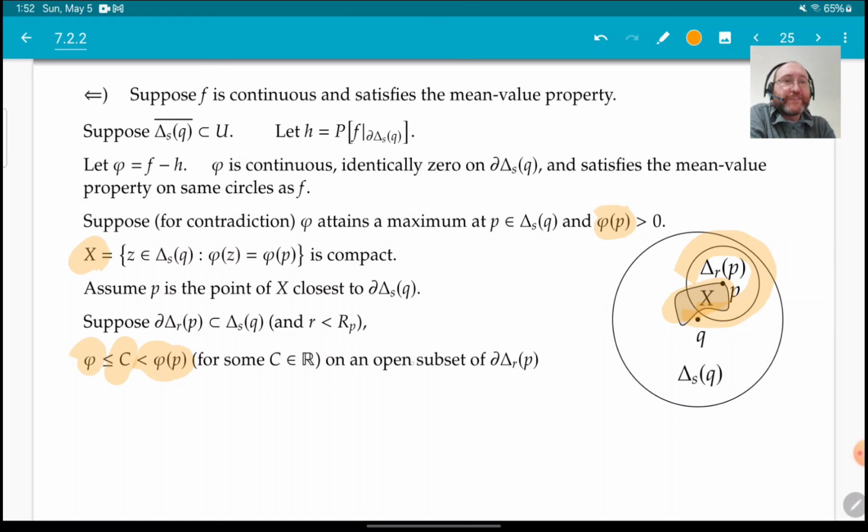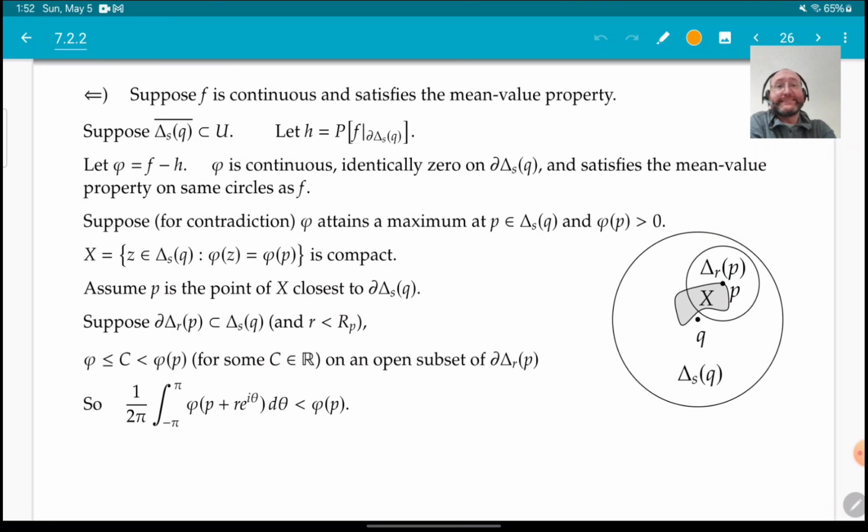So for some open subset, that open subset has positive measure, right? So some open subset of the boundary. So just a little piece of arc, right? That's what I mean here. Not open subset in the plane, but open subset of this circle, right? So actually a little arc on some little arc of this circle, we have this inequality where C is strictly less than phi of p, right?